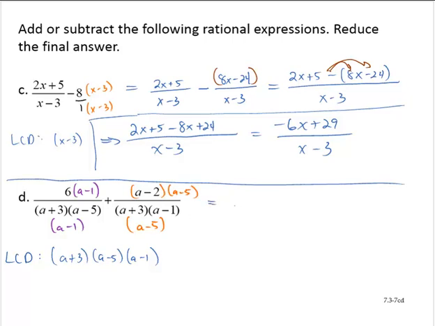So this gives us equivalently 6a minus 6 over the denominator plus a squared minus 7a plus 10 over the denominator.